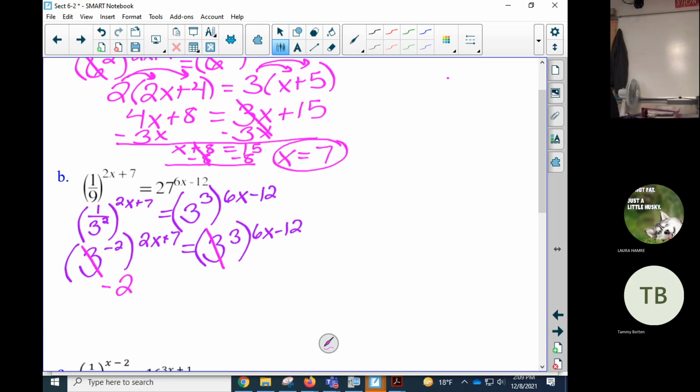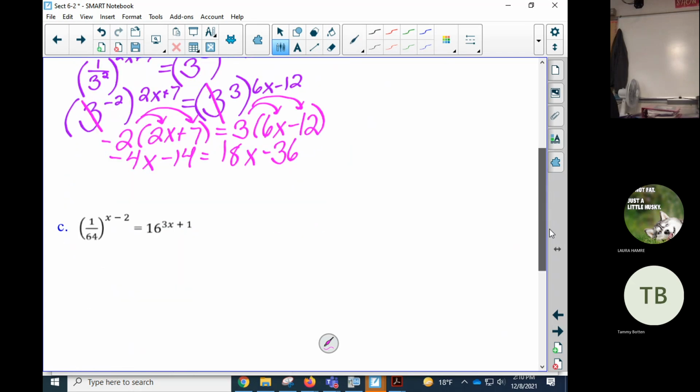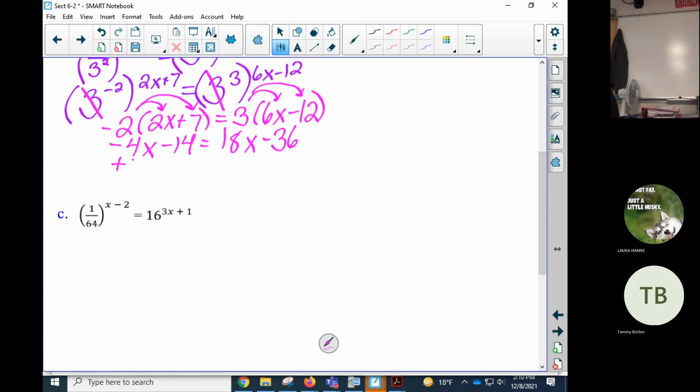And my problem becomes negative 2 times 2x plus 7 equals 3 times 6x minus 12. And then I just distribute on both sides. This becomes negative 4x minus 14. This is 18x minus 36. Then I would bring this over the 4x by adding it.